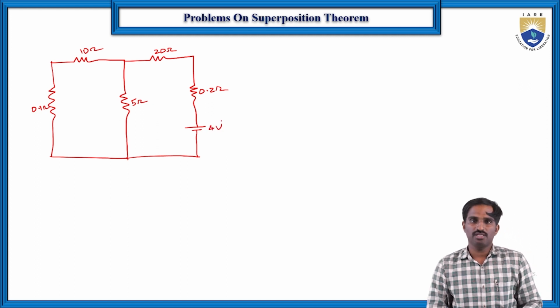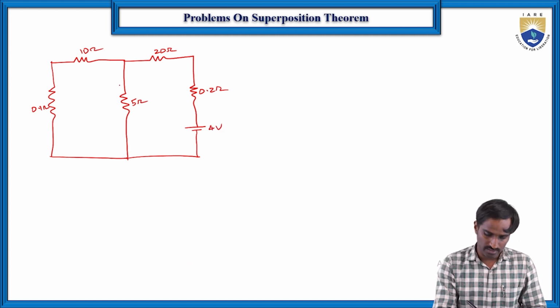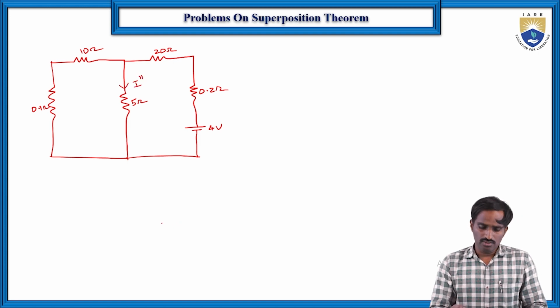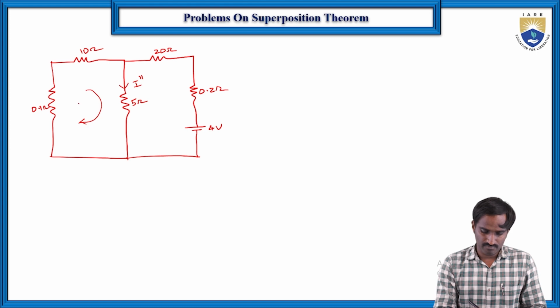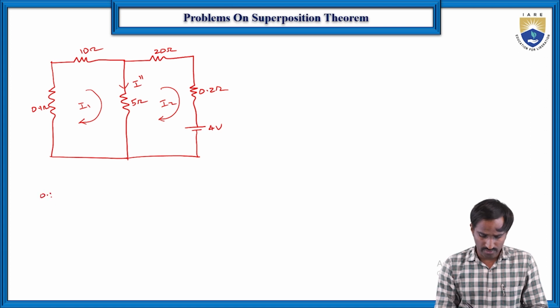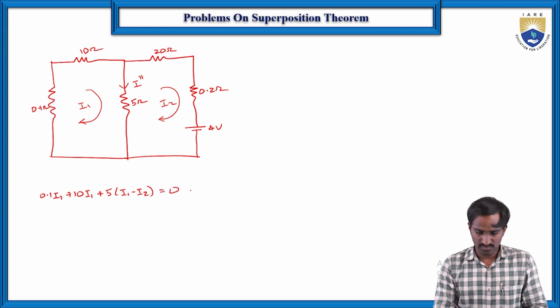Now for this particular circuit, we need to find the current I double dash flowing through the 5 ohms resistor. The same way, just apply loop analysis. In the first loop: 0.1 I1 plus 10 I1 plus 5 into I1 minus I2 is equal to 0.